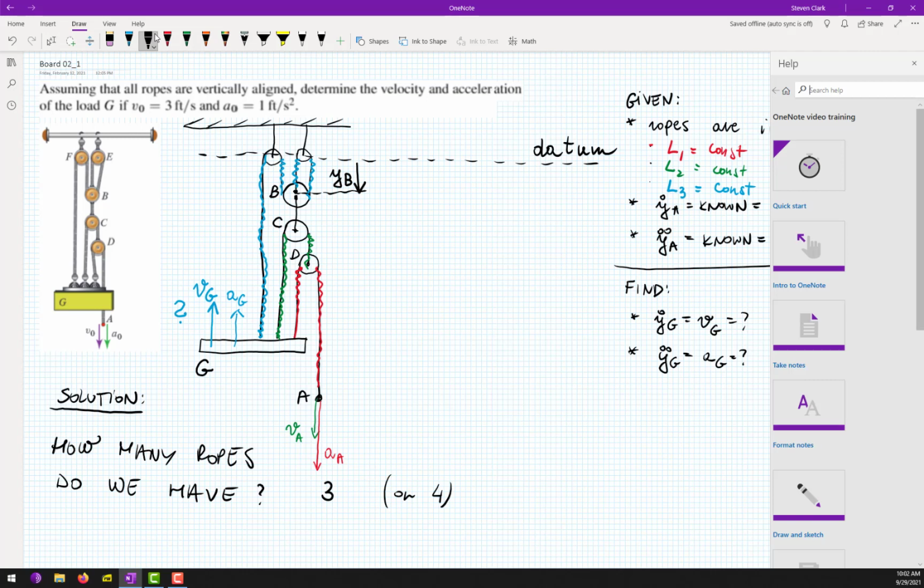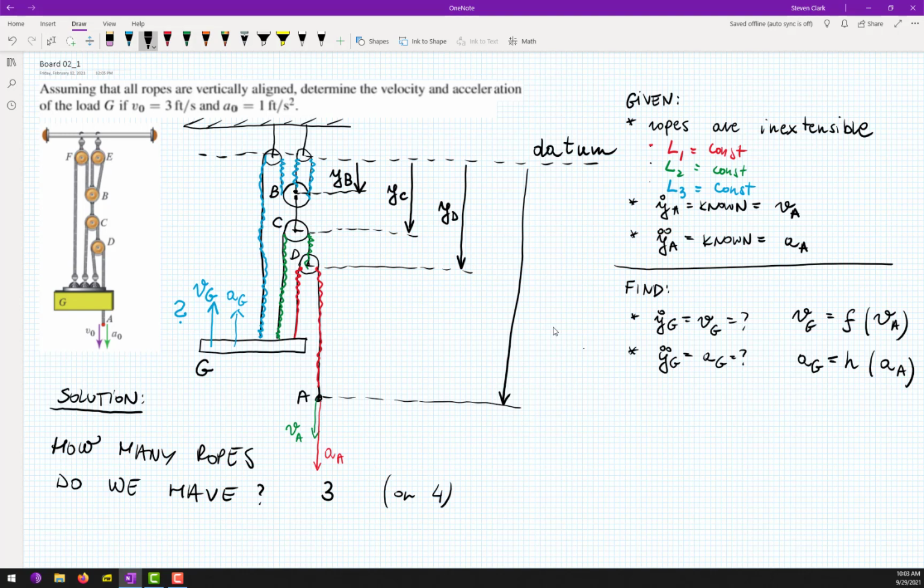I would like to define this elevation as the elevation of point C. This one, obviously, as YD. This one will have elevation YA.